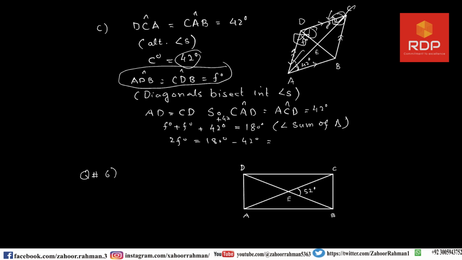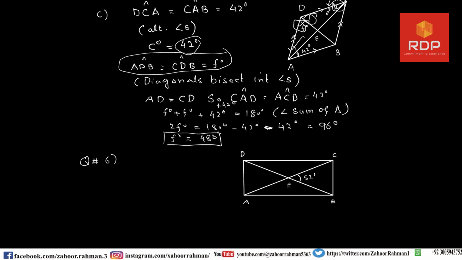So we have to write 180 degree minus 2 times 42 degree, and that will be equal to 96 degree. Yes, and F degree is equal to 48. So by using different techniques we found the value of this.